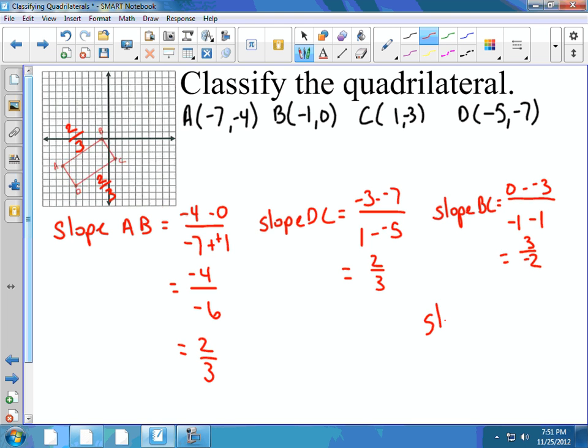And then the slope of AD equals -4, subtract -7, over -7, subtract -5. We end up with -3/2. So I'll mark those on my picture here.